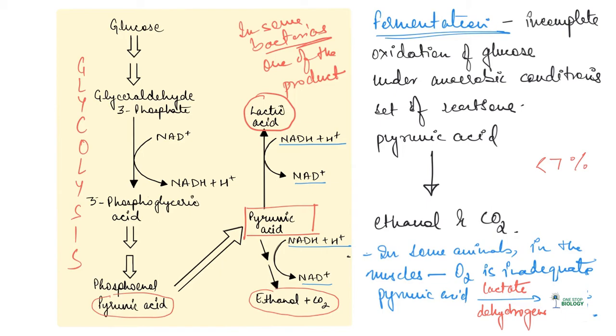Now, this acid or alcohol where it is produced, these processes are considered as hazardous. These are harmful, right?